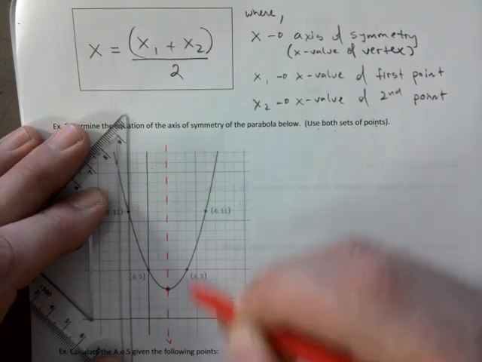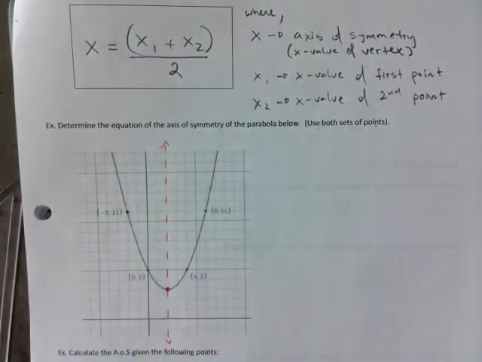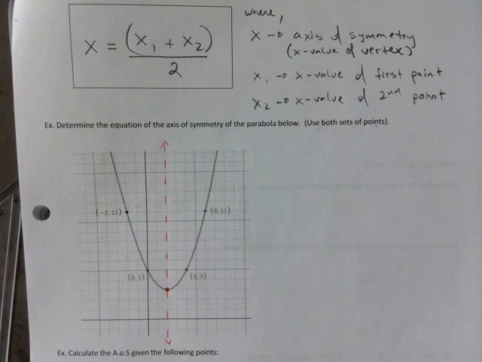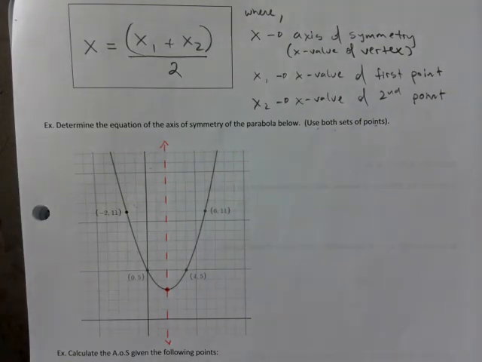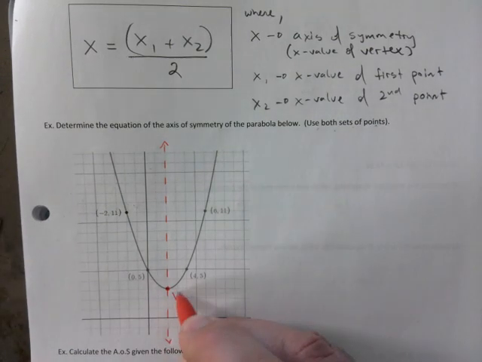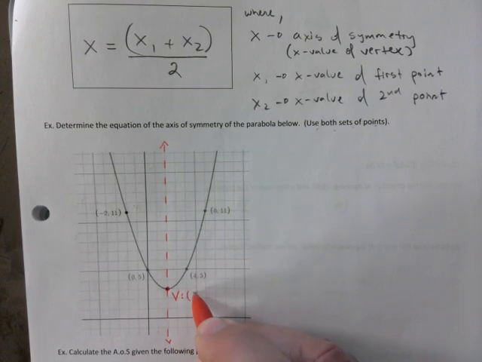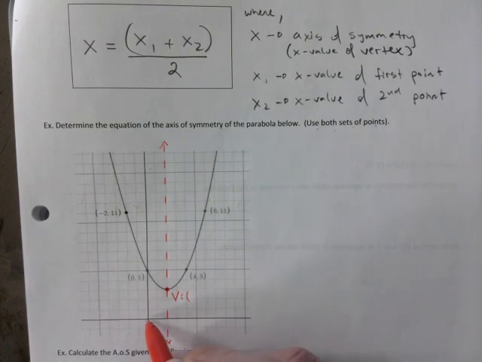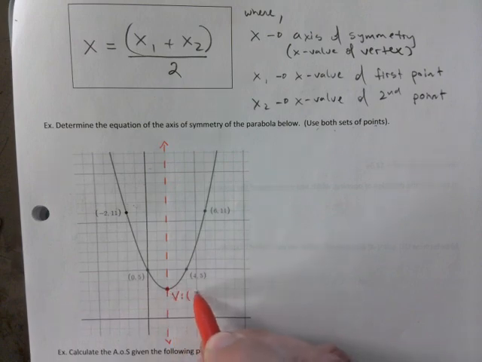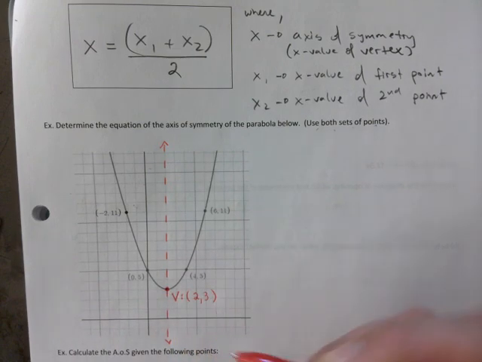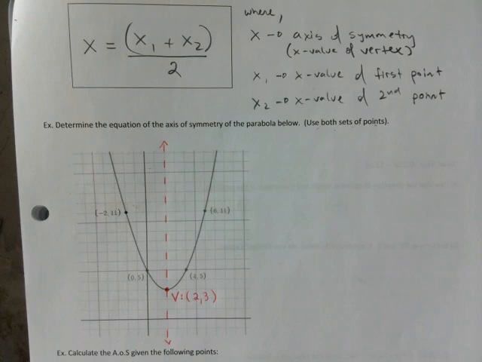I would say it's considered an imaginary line that shows us where the symmetry is, the line of symmetry. And the vertex has points. In this case, if this is the origin, it's (2, 3). We know that the axis of symmetry is 2 in this case, but we're going to do it mathematically because chances are you're not going to be given a graph.